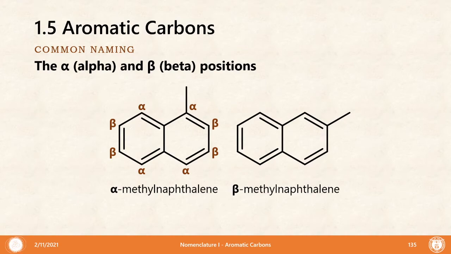And so here in this case, our 1-methylnaphthalene can also be called in common name alpha-methylnaphthalene. While this carbon, which in systematic name is 2-methylnaphthalene, is termed beta-methylnaphthalene. Okay, so just remember alpha and beta positions.